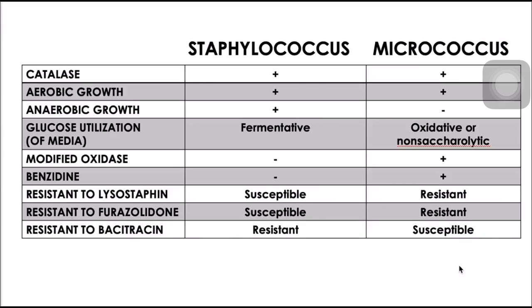While for modified oxidase, it is positive for your Micrococcus. Benzidine is positive for Micrococcus. Micrococcus is known to be resistant to lysostaphin and furazolidone, while Staphylococcus is susceptible. Micrococcus is known to be susceptible to bacitracin, while Staphylococcus is resistant to bacitracin. Okay?